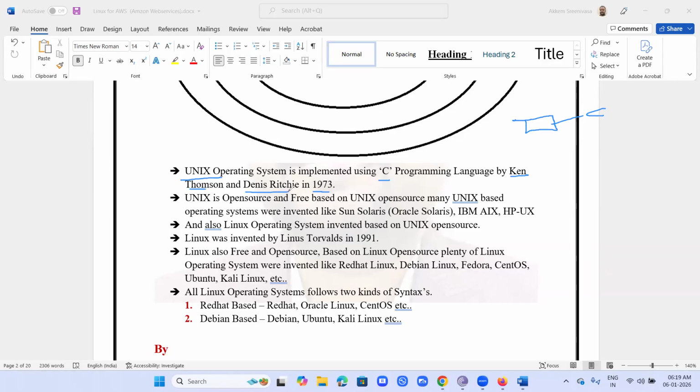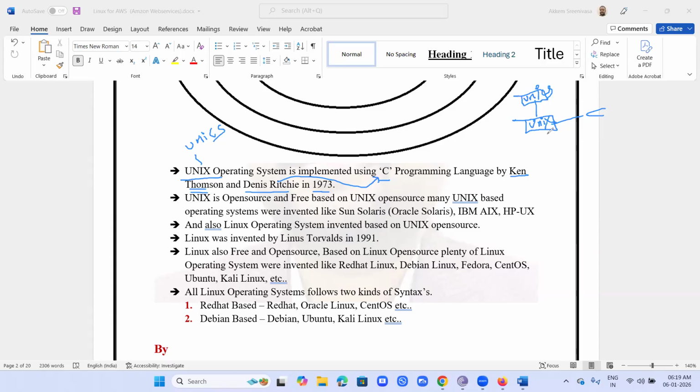Dennis Ritchie is the father of C language, and Thompson had developed, before this, one more operating system called UNICS. Based on this UNICS, they implemented one more product called Unix with the C programming language.